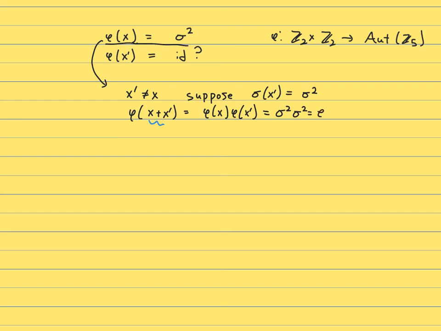So now if you let this be x double prime, you see we found our element. So it turns out no matter what homomorphism you work with, if it's non-trivial, it has to send one element to an element of order 2 and one other non-identity element to the identity element. In other words, there has to be a non-trivial kernel. And so no matter what we do, we are stuck in the previous case. And so we have classified all the groups of order 20.